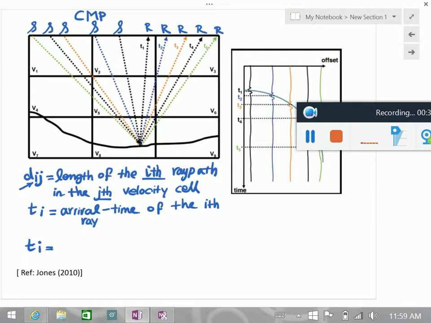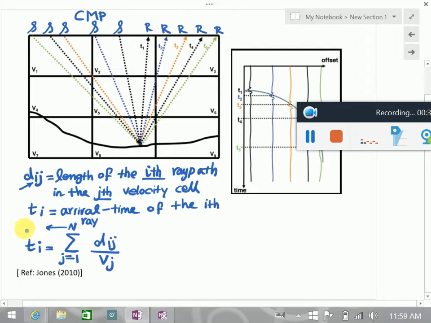It's very similar to the previous one. So for each segment, we just divide. This is the length of the ith ray path in the j velocity. So if I divide it by the velocity vj, and I sum it up over all j's from 1 to n, so n would be the number of cells, I have it.